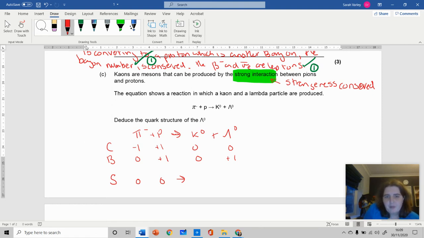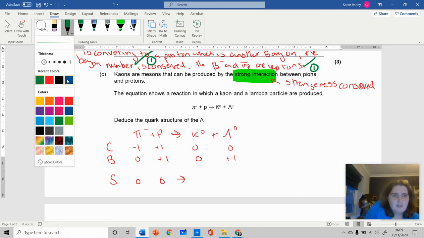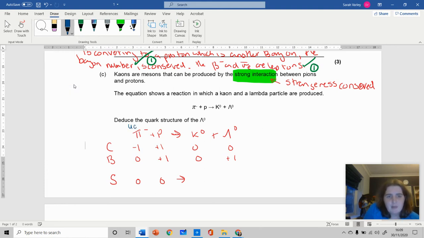So this is when we have to look at quark structures. So what I tend to do is when anything to do with strangeness comes involved, I tend to write the quark structures above it. So I know a meson is a quark and an antiquark. This is a pion minus. It has no strange quarks, so it has up and down. And so somehow I've got to try and make a minus charge. So in this case, this is going to be up, anti-up, down.